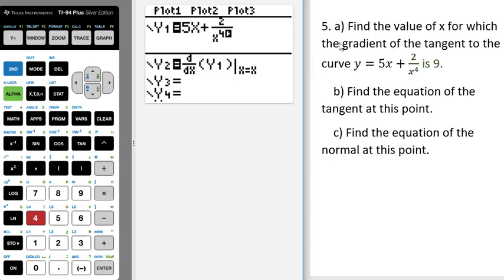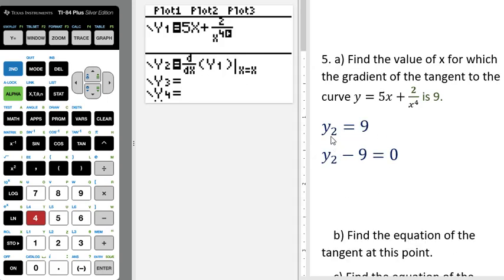They said the gradient of a tangent is 9, which means y2 equals 9. Since y2 equals 9, if you want to use the equation solver, we will set up y2 minus 9 equal to 0.